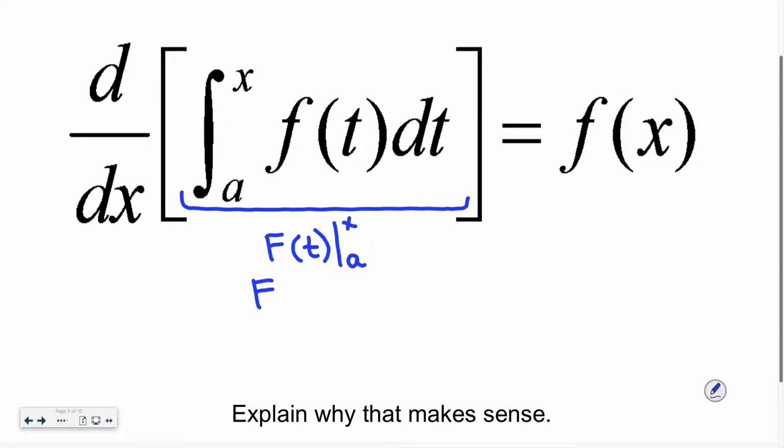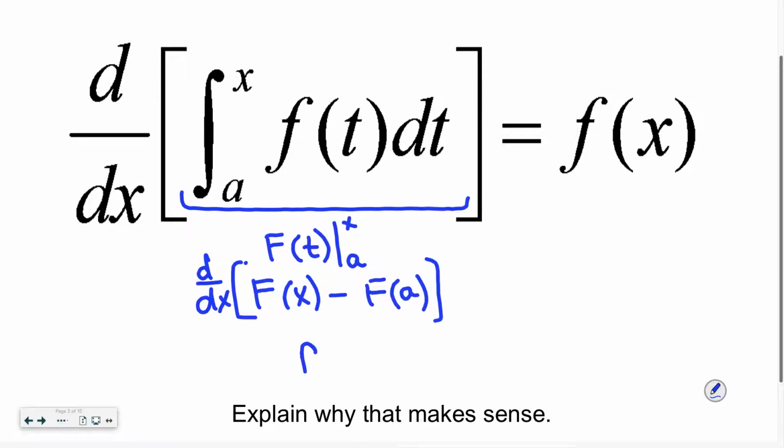So the fundamental theorem of calculus says antiderivative at the top value minus antiderivative here. Well, if we then take the derivative with respect to x, the derivative of the antiderivative goes back to the original, and the derivative of a constant is 0.